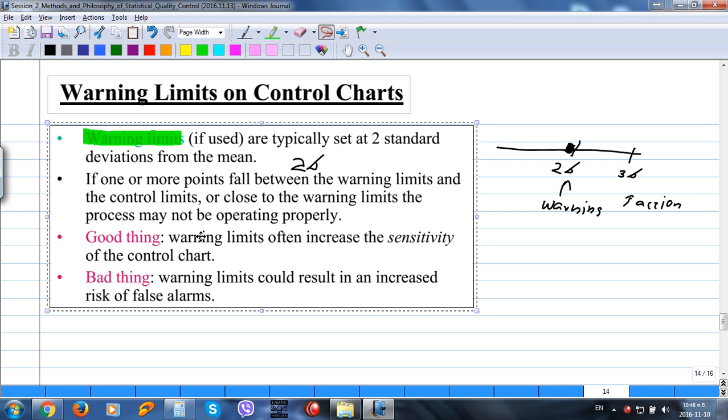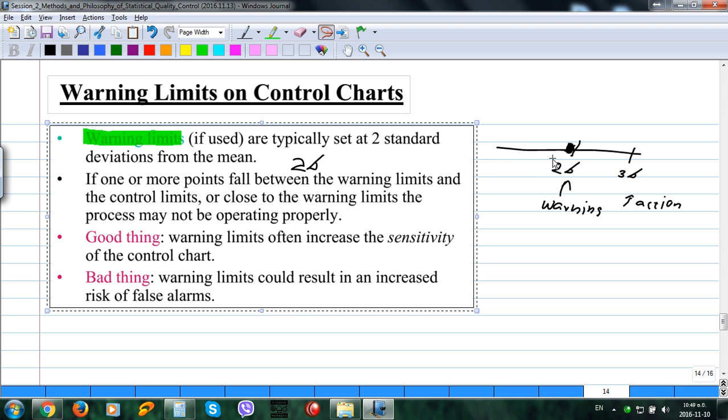The good thing is that warning limits often increase the sensitivity of the control chart. If a point goes beyond 3 sigma, the action limit, the process is going out of control.